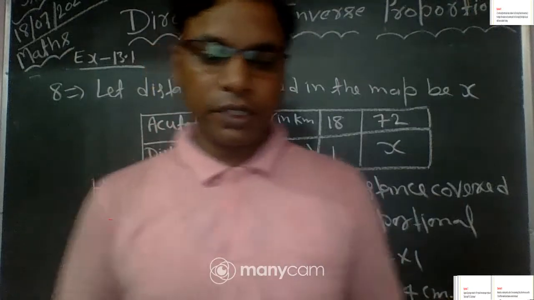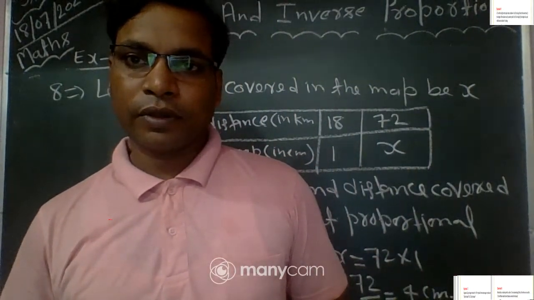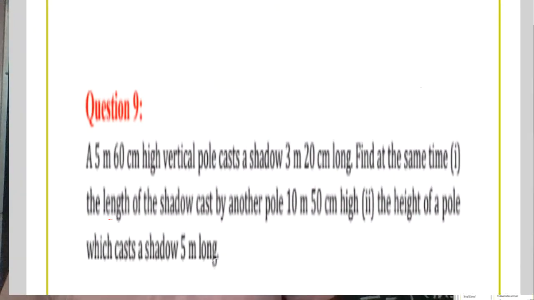What is the next question? Next question is question number 9. You can see this question number 9 on your screen. So here it is given a 5 meter 60 centimeter high vertical pole casts a shadow 3 meter 20 centimeter long.